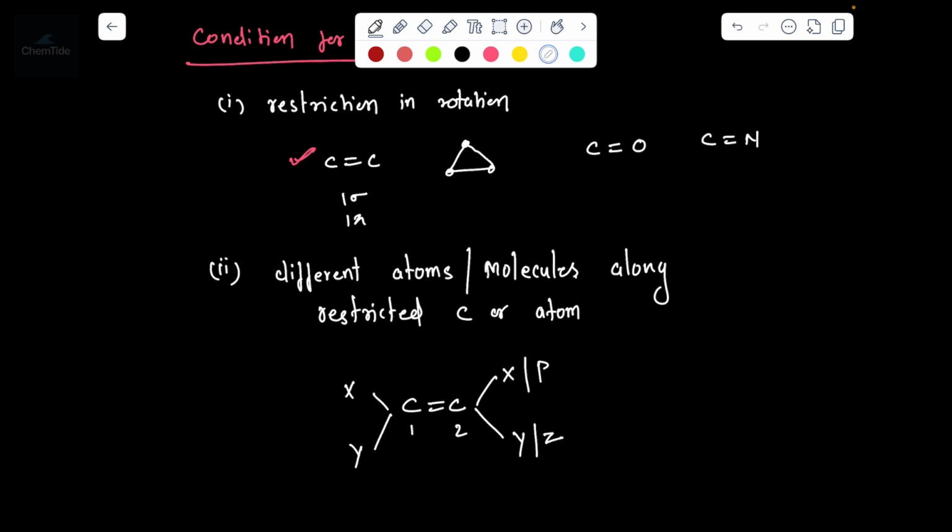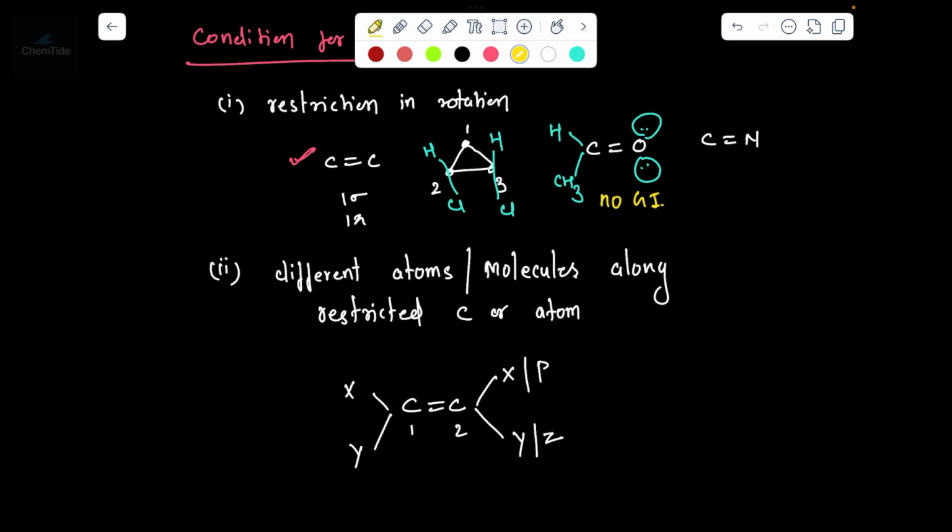Similarly, you can show it in a ring, let's say with positions 1, 2 and 3. I can make different substituents, hydrogen and chlorine. Similarly here, if I write hydrogen and methyl group, but oxygen has two lone pairs, this is considered the same substituent, meaning there is no GI.